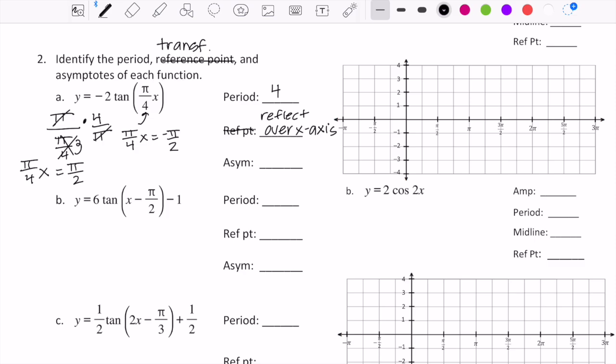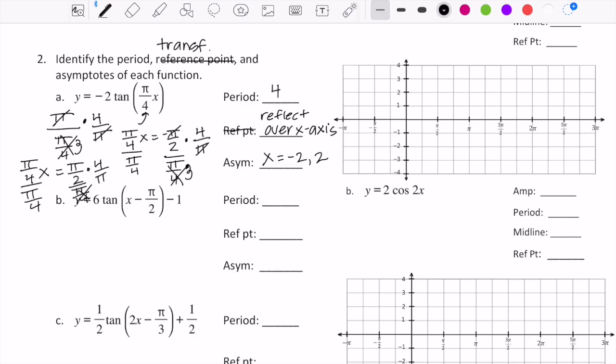So this just becomes another copy dot flip problem, because to get the x by itself, I have to divide by pi over 4. And then I'm going to keep change flip that. And then the pi's cancel out again, and I get -4 over 2, which is going to be -2. And then over here, I'm going to get the same thing, but I am going to get +2.